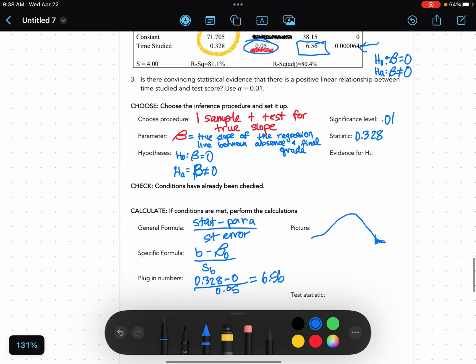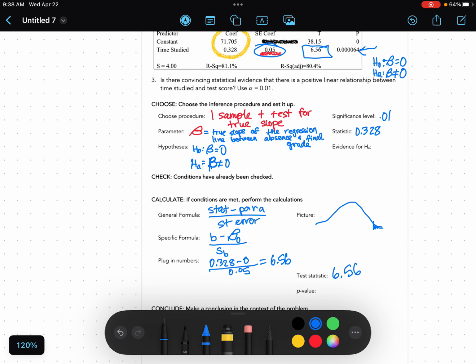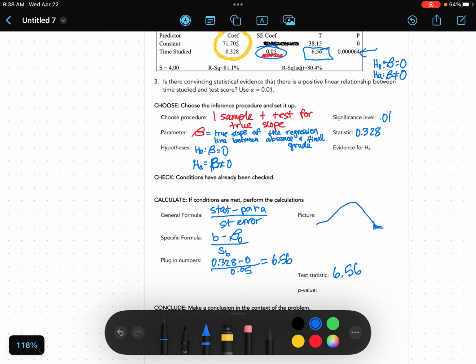So our standardized test statistic is 6.56, and our p-value is, if you're doing a hypothesis that's not the null hypothesis that it's equal to 0 and the alternative that it's not equal to 0, you'd have to use the t-table to look up the tail probability again.